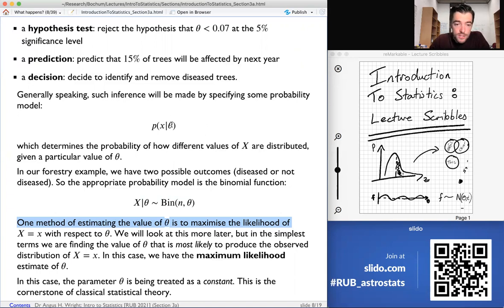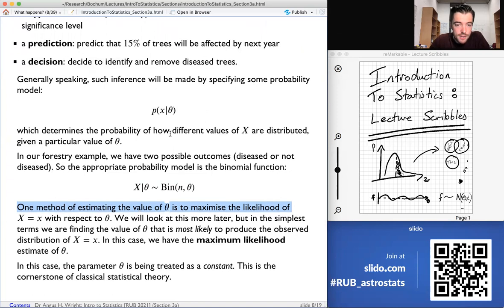Okay, so like I said, if we had, for example, the true underlying case that every single tree in the forest was healthy, that this value theta is 0, and then we observe X equal to 0, then the probability of observing zero diseased trees, given an underlying truth of zero disease, will be quite high.